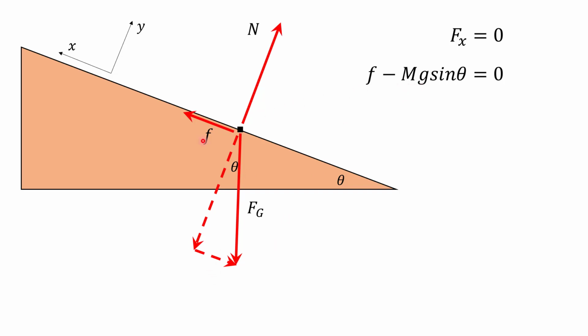Also, I should point out, what is the cause, so to speak, of that friction force? If the driver wasn't stepping on the gas pedal, the car would just roll backwards. And that static friction force would just disengage.